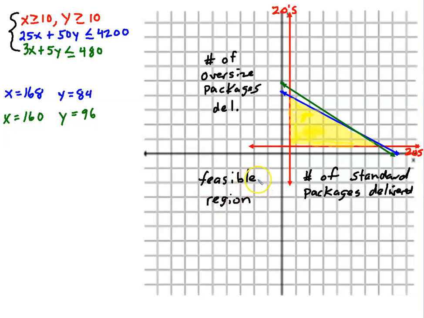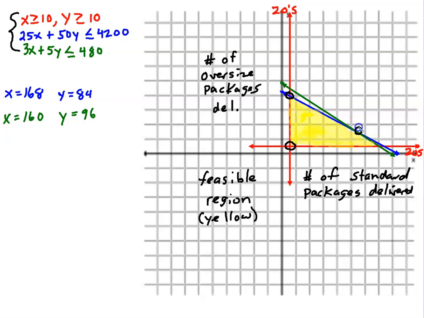So the yellow is the feasible region. And it's from the feasible region that we get vertices, and those are points of intersection of two of our constraint lines. And I'm going to circle them, and then we're going to talk about how we find out exactly where they are. So this is really kind of blended together.